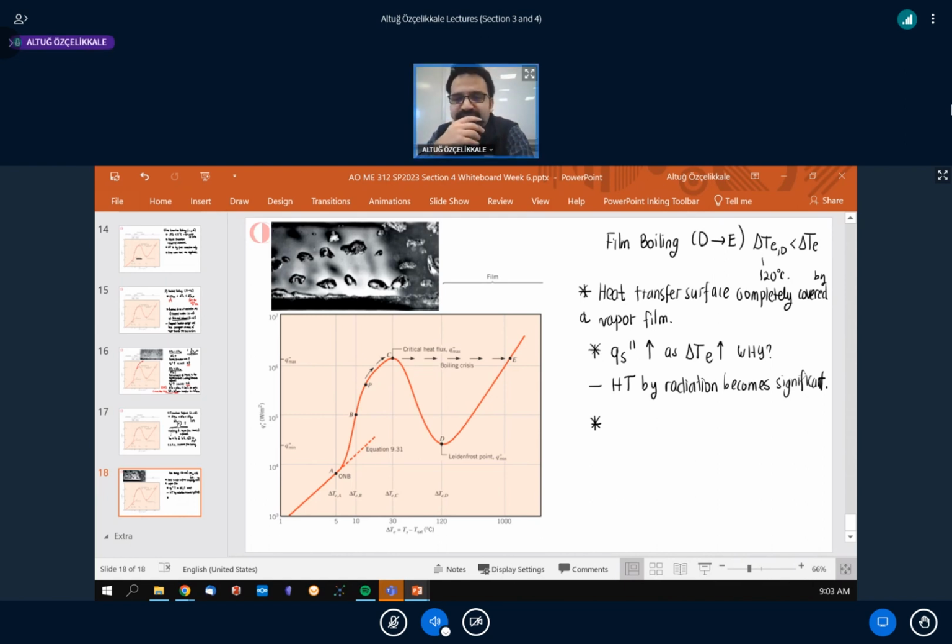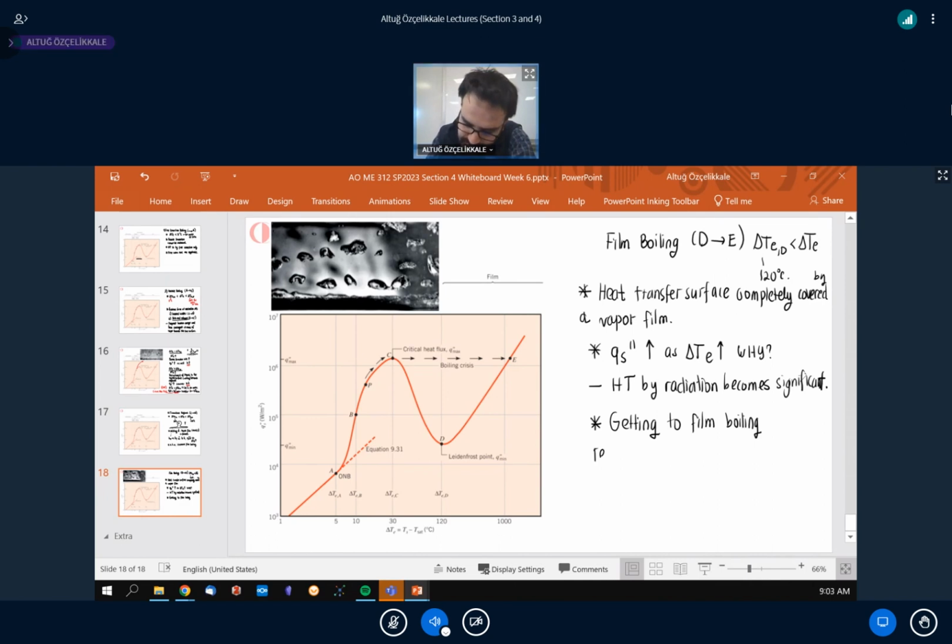But let me write a small comment about this boiling crisis, or at least hint about that. We have already mentioned that getting to this film boiling regime is not straightforward. You cannot simply increase the heat flux, because if you do that, you are going to suddenly jump from point C to E. Look at the temperature range. You are going to burn whatever you have in your system.